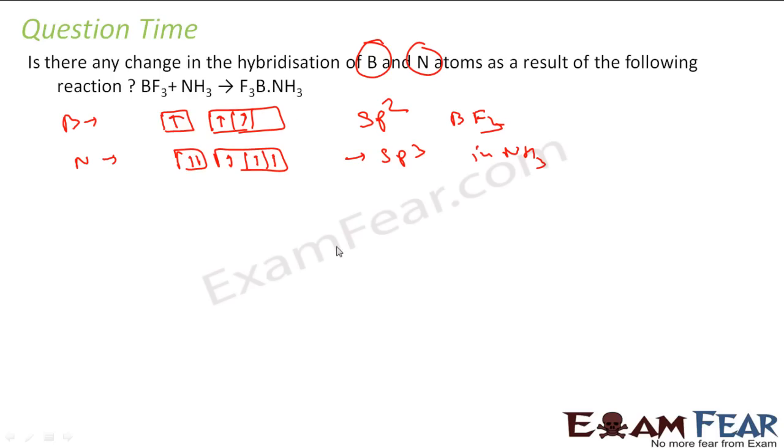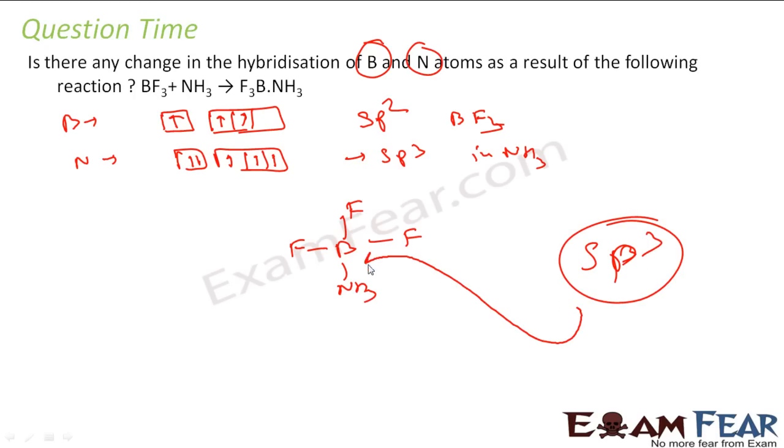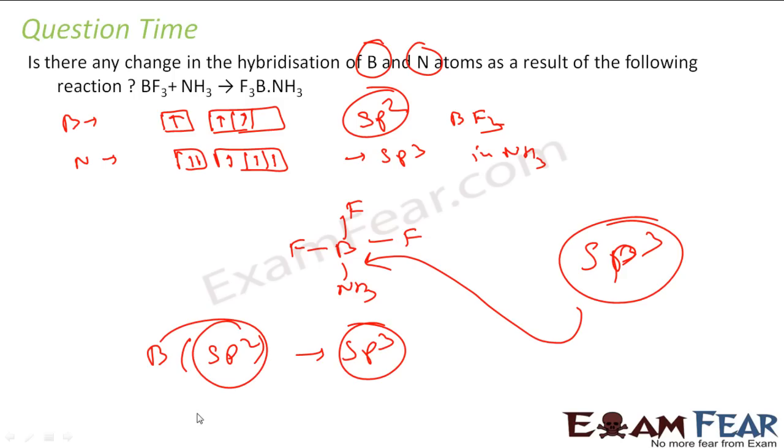But when you talk about this compound, we have B in center, you have 3 F, we have NH3, you need 4 bonds, right? So minimum sp3 hybridization is required for boron. So here it was sp2, now it is sp3. So boron moved from sp2 to sp3 in this case, correct?